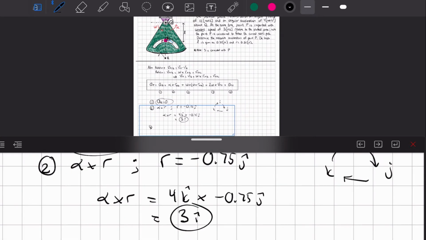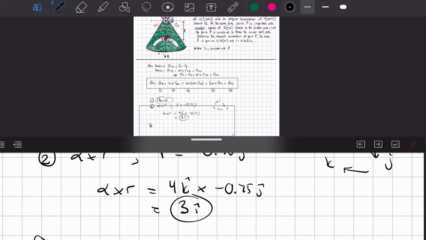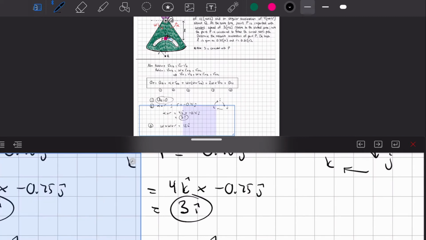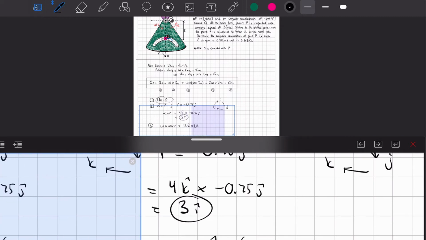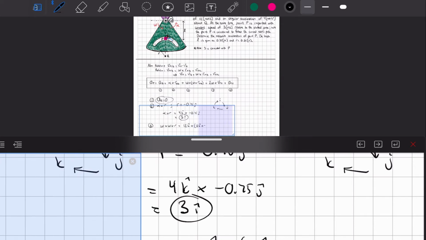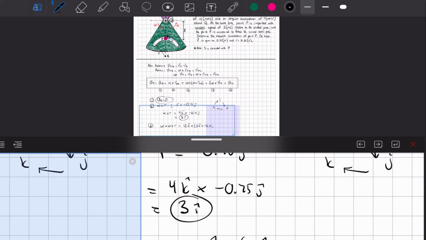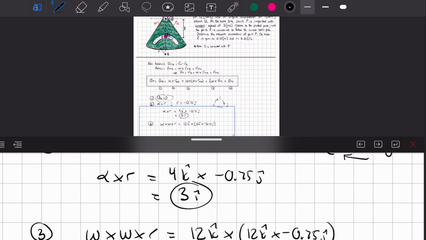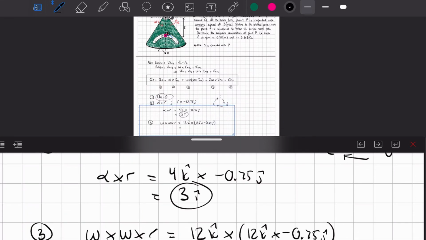So now we're going back to the normal acceleration of the coincident point. We have omega cross r, which is going to be 12 k hat cross negative 0.75 j hat. Be careful with your cross products here.